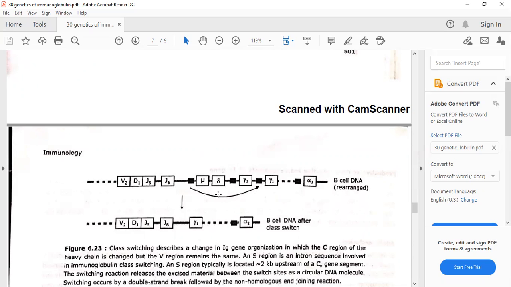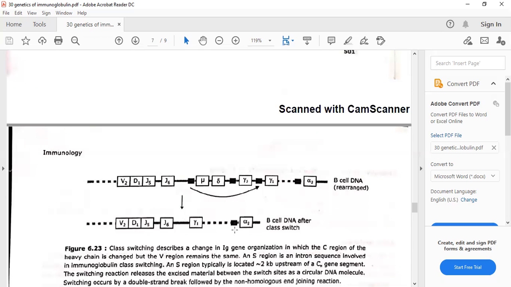After cleavage, this portion will be removed, leaving V2, V1, J5, J6, gamma 1 and alpha 2. After that, this gamma portion will be cleaved here, and the next antibody will be alpha, which will make immunoglobulin A.